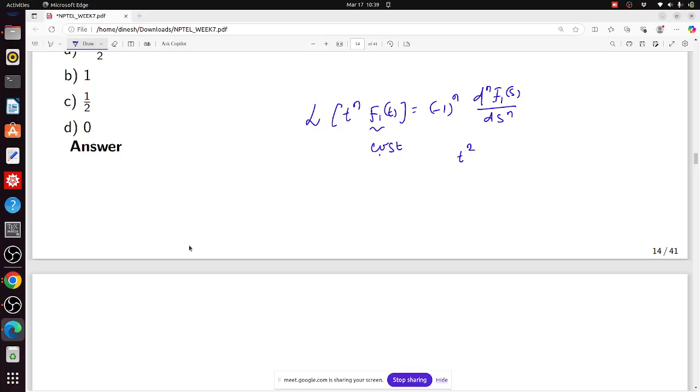So let's find out. Here f₁(t) is cos t, and we know the Laplace transform of cos t is s/(s²+1), where s is greater than 0.